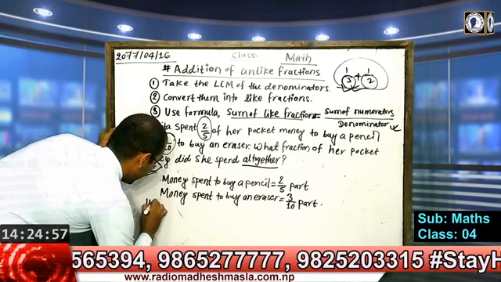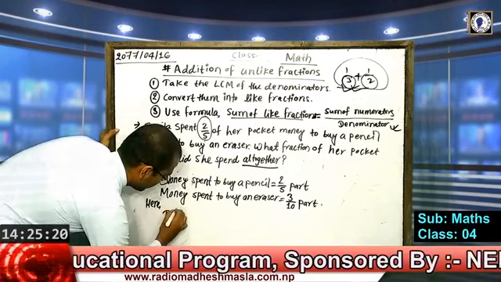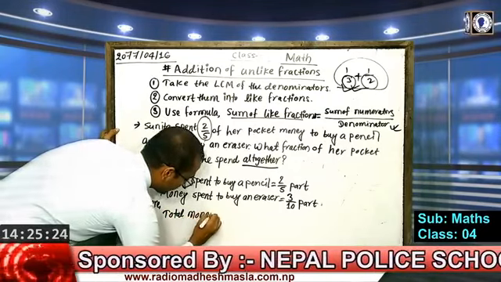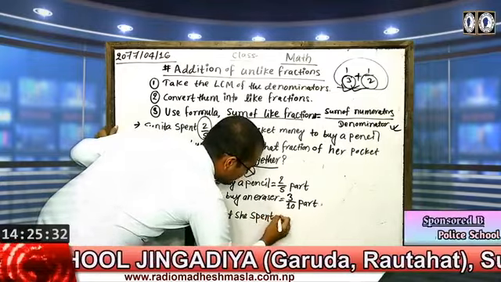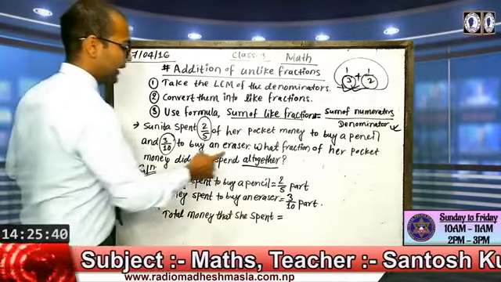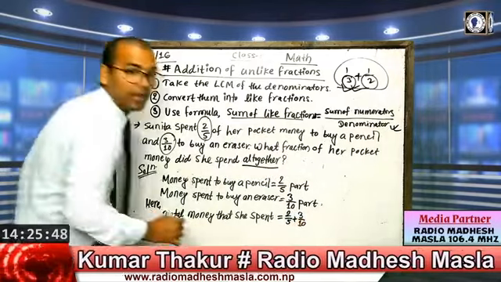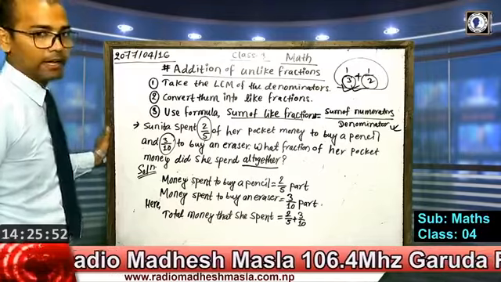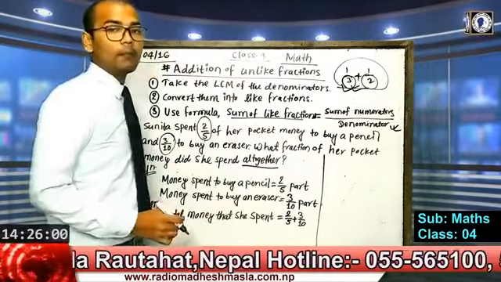We can write it like this: the total money that she spent is equal to 2/5 plus 3/10.